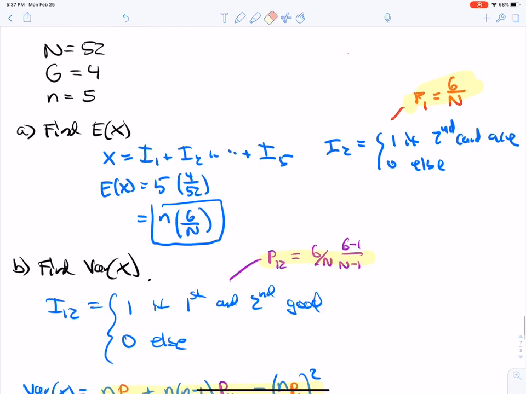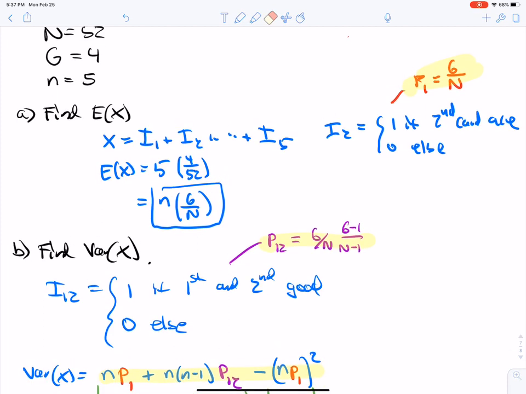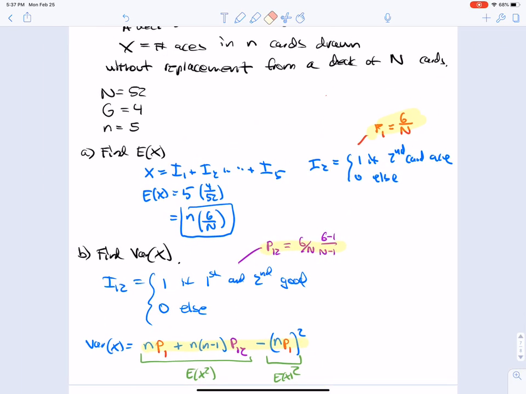And we would have then the expectation of X. We have X is the sum of these 5 dependent indicators, where I2 is 1 if the second card is an ace. These are, of course, dependent because if the first card's an ace, that affects the chance that the second card's an ace. So we have the expectation of X is n times G over N.